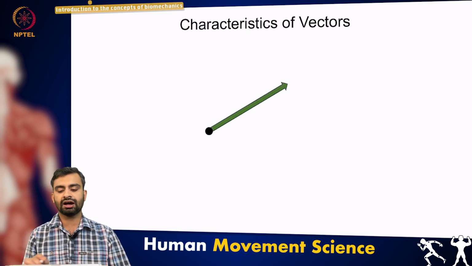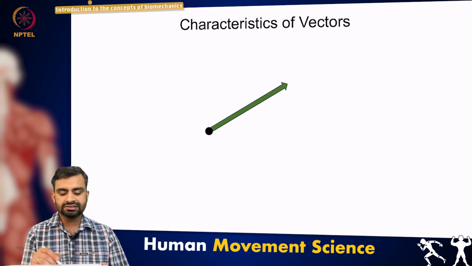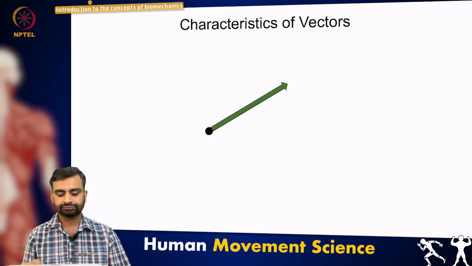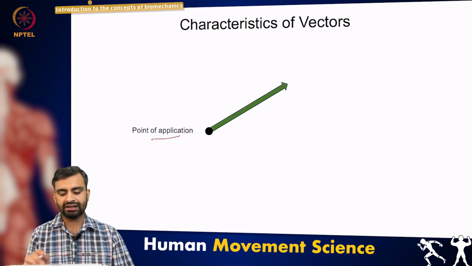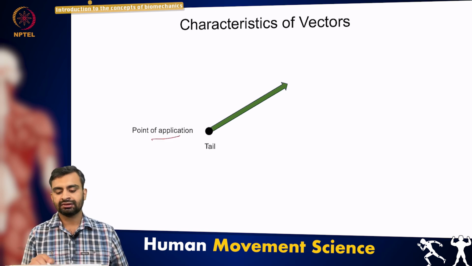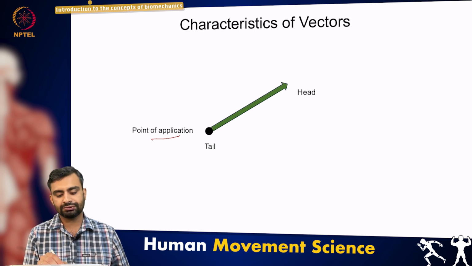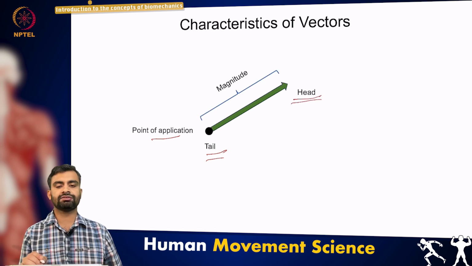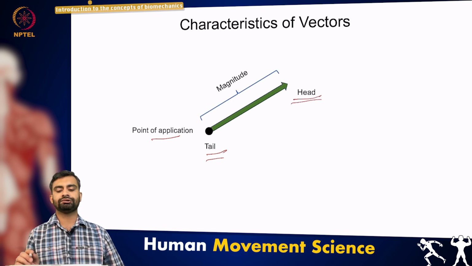Let's look at how a vector looks. It resembles an arrow starting with the point which is known as the point of application. The point from where it is starting, the end of the vector, is known as the tail of the vector, and where the arrowhead is present is known as the head of the vector. The total length of the vector defines the magnitude of the vector.